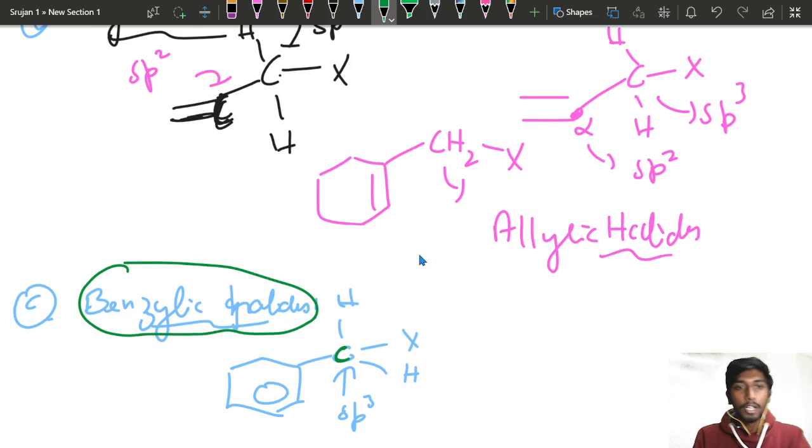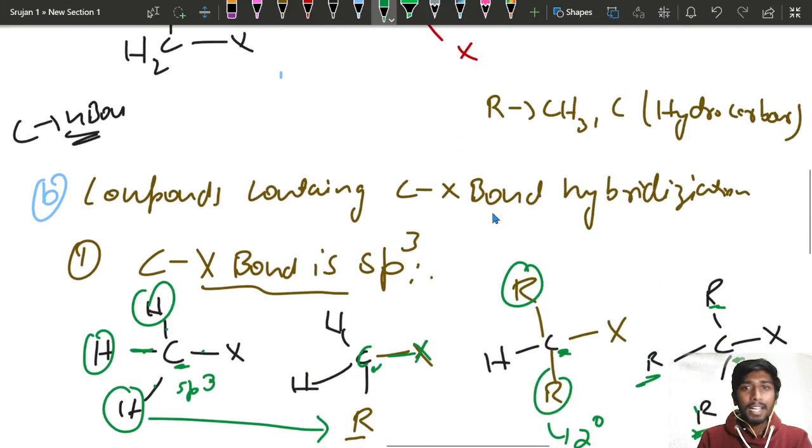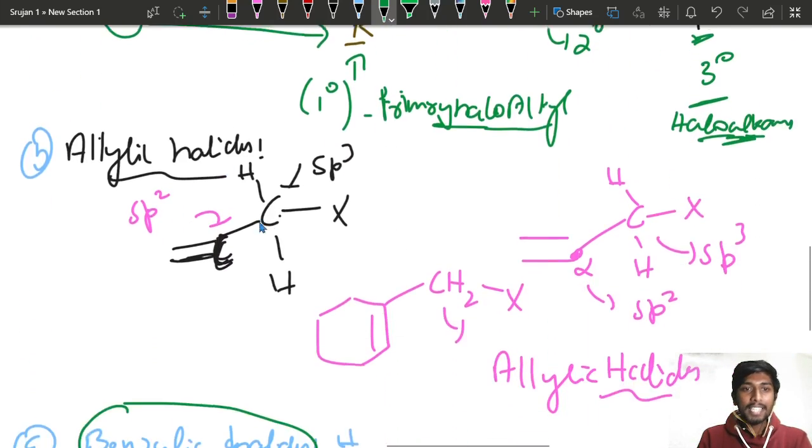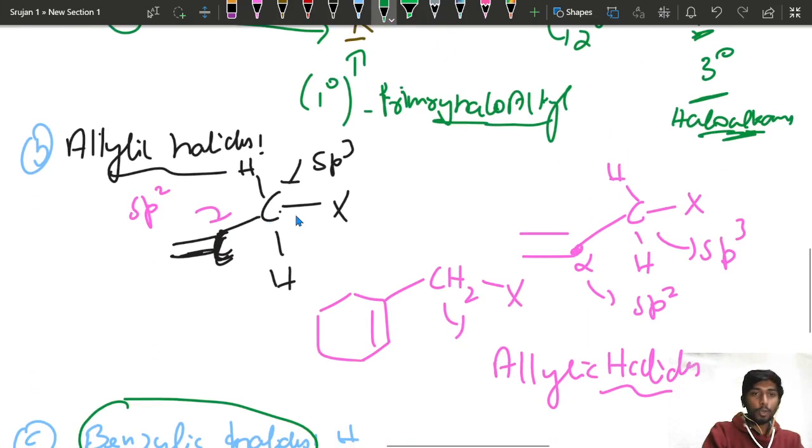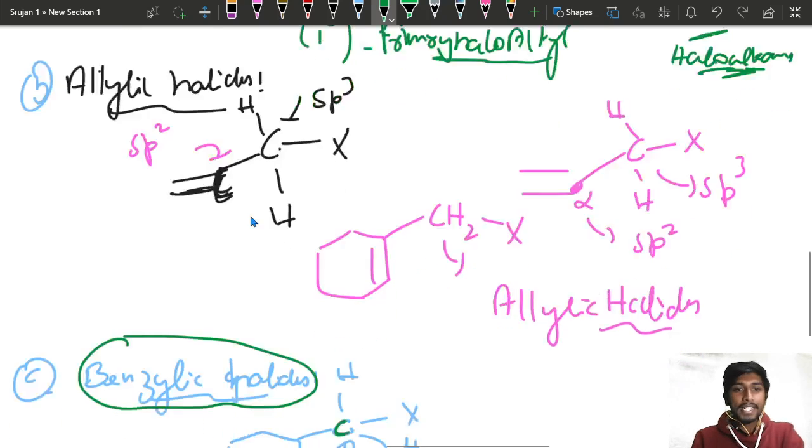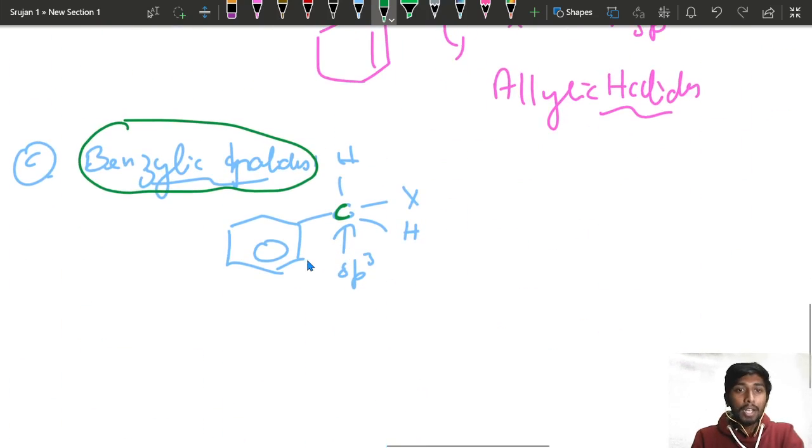So this all comes under the sp3 hybridized compounds. First is sp3 hybridized; next, sp3 hybridized attached to a carbon containing a double bond; next, sp3 hybridized attached to a benzene group.